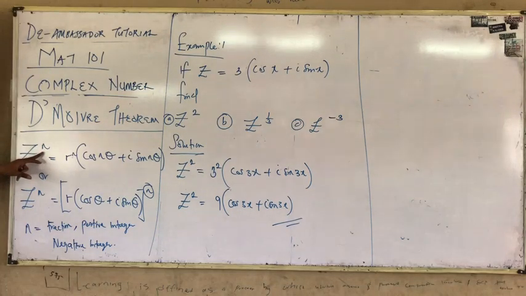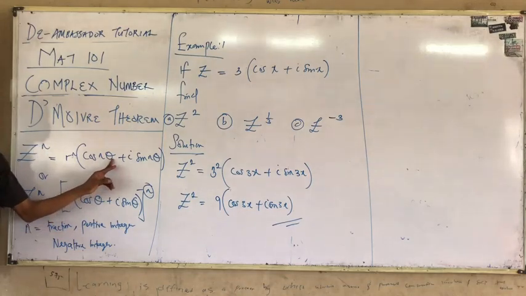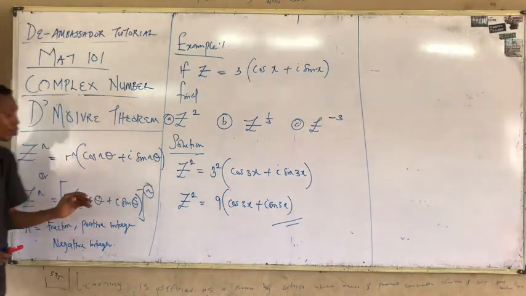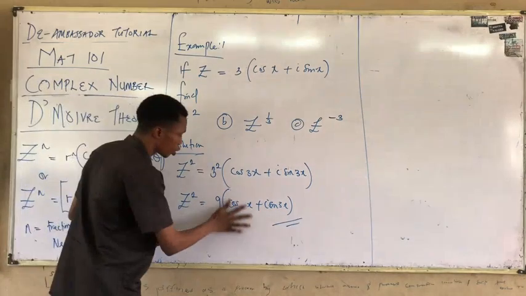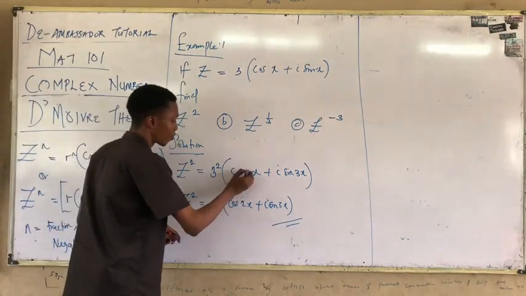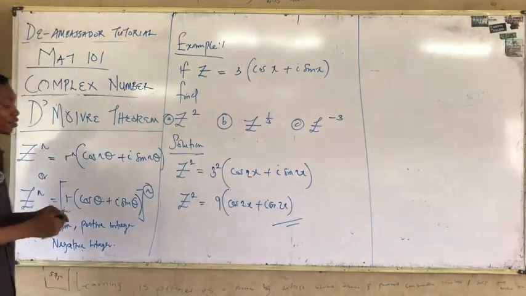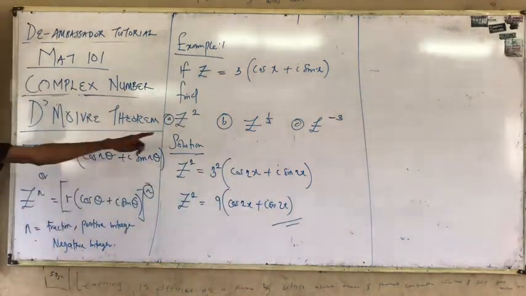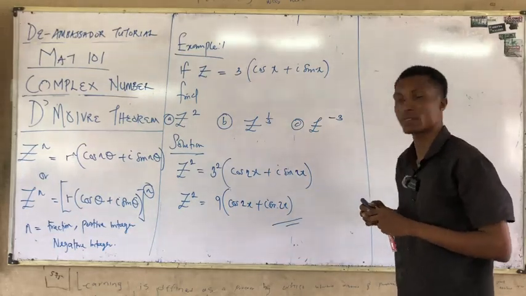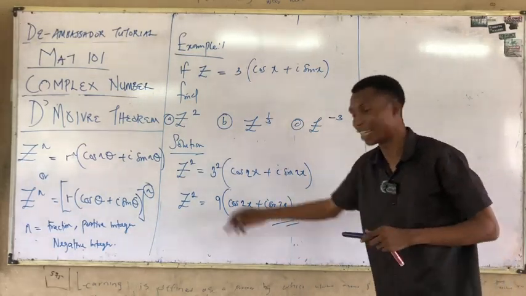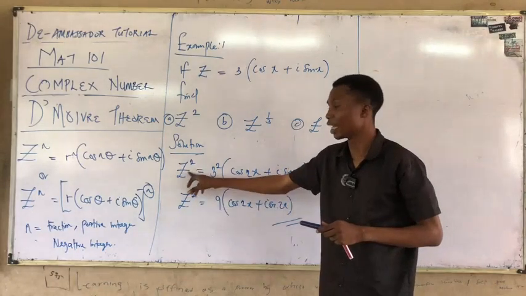This z in the power of n is r in the power of n, cos n theta, it means n times theta, then sine n theta. N is 2. Sorry, I made a mistake there. Is that all? Should I go on with it?